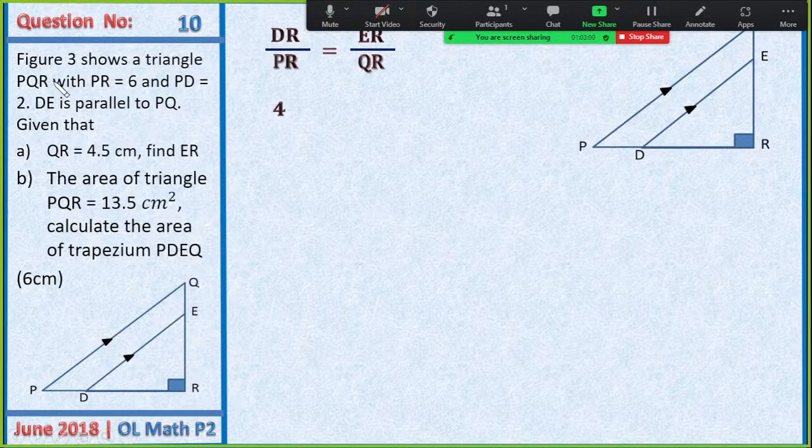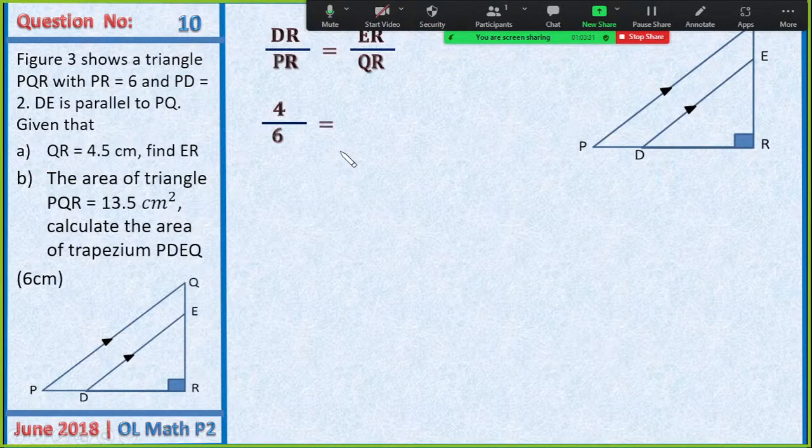So PR is 6, so from P to R is 6, then DR should be equal to 6 minus 2, because PD is 2, so 4 on 6. So we're working with respect to the small triangle on the big triangle. For this small triangle, DR is 4, while for the big triangle, the same dimension has been extended to 6.